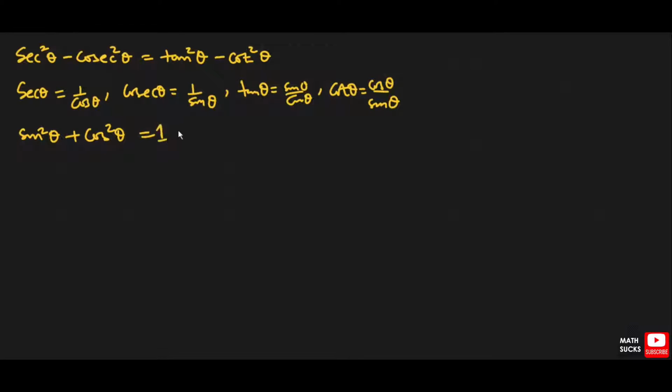This forms the basis of almost many trigonometric identities. From this equation, we always begin by introducing tan squared, by dividing by cos squared throughout.